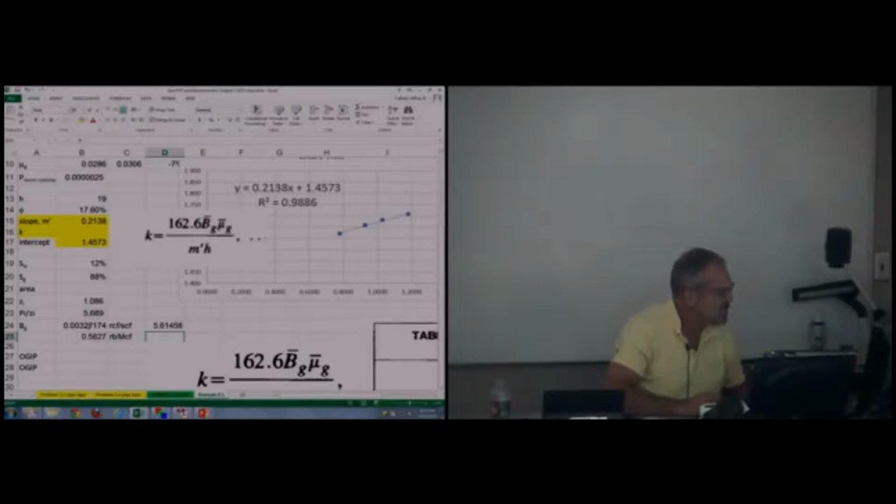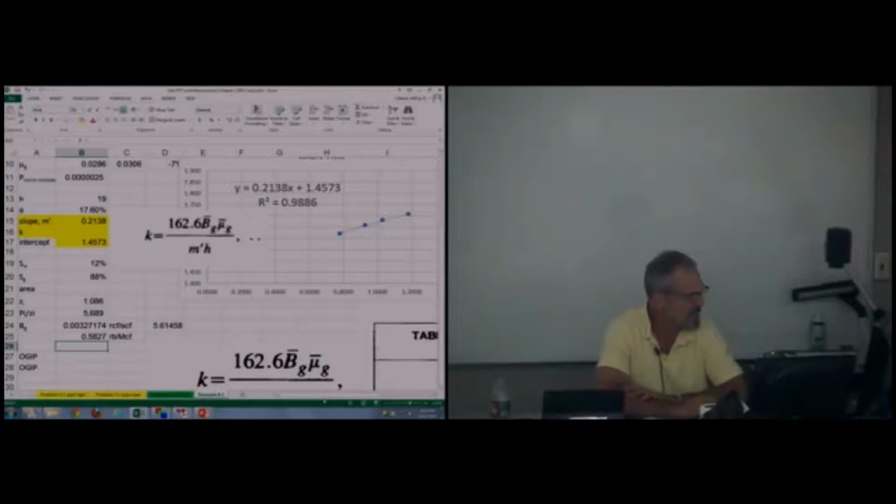I do. 5.61458. I should have used the real number, so I don't have to type in an approximation. And then I multiply by 1,000 because instead of reservoir volume per standard volume, I want a reservoir volume per 1,000, because my rates are in MCF a day, they're not in standard cubic feet a day.